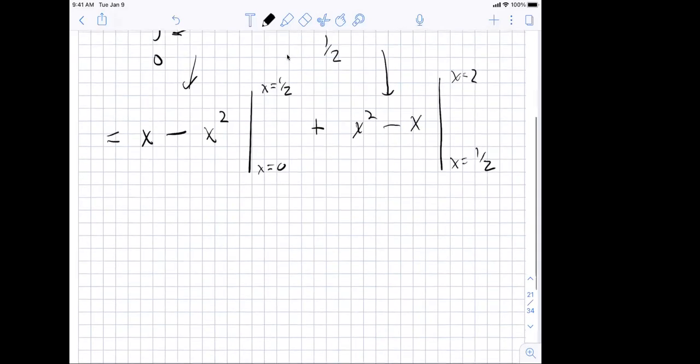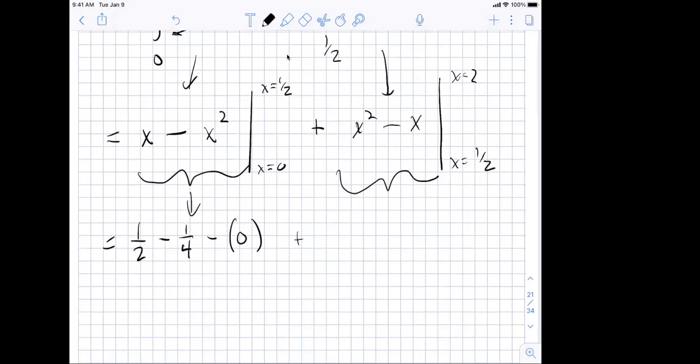Okay, so when I plug in 1/2 into this first part, I'm going to get 1/2 minus 1/4. What do I get when I plug in 0? I just get 0. Yeah, very good. So I'm going to get minus 0. So that's this piece plus.